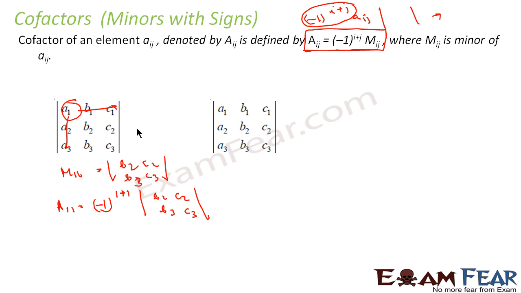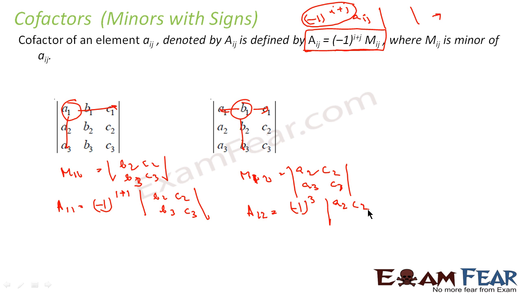For this element, again we have to find the minor. The minor will be M12 because this element is in the first row, second column, and that value will be the determinant of A2 C2, A3 C3, because these are the 4 values left. The cofactor A12 will be minus 1 to the power 1 plus 2, that is minus 1 to the power 3, into the determinant of A2 C2, A3 C3. So cofactor is nothing but the minor with the sign. In this case, it has a negative sign.